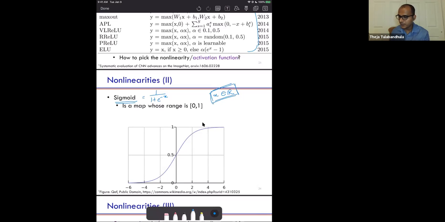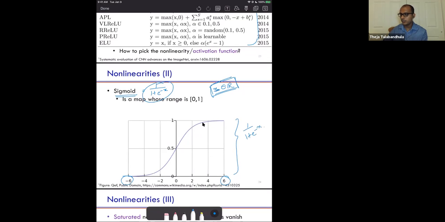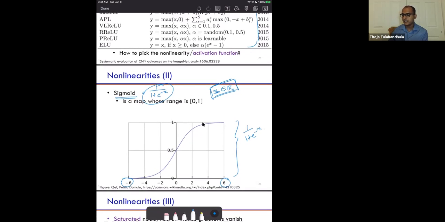Okay, so if you make x vary from some large negative number to some positive number, in this plot I'm just varying from -6 to 6, and if you compute this number 1 by 1 plus e to the power minus x and plot it, you'll see that this is the curve you get. So straight away you can see that as x varies, the value of y, the function output, is not varying linearly.